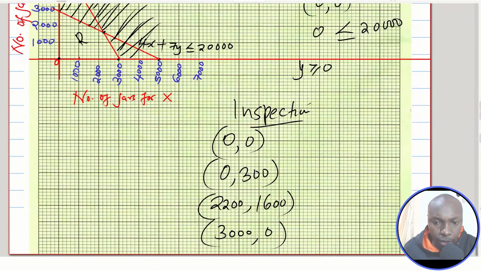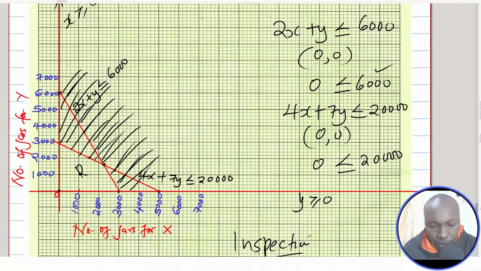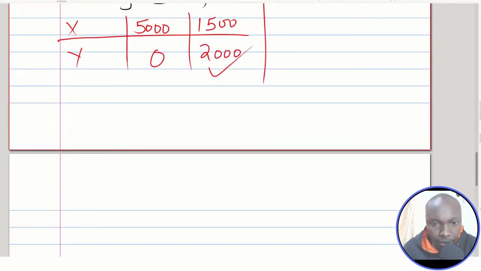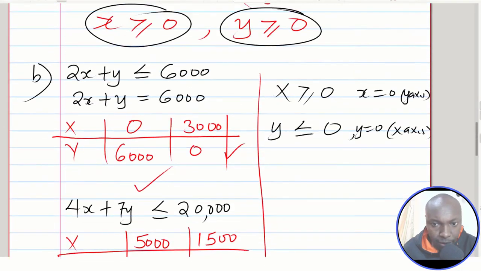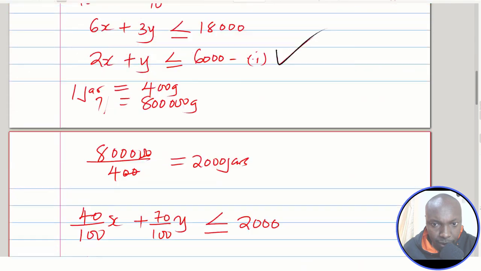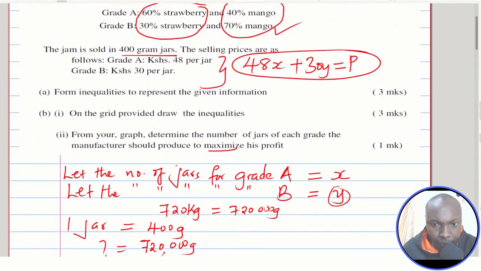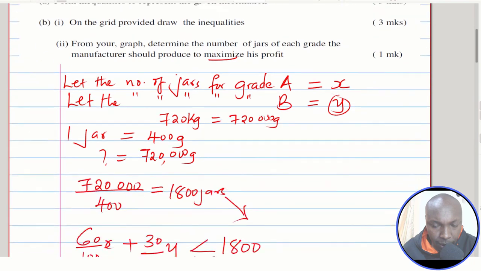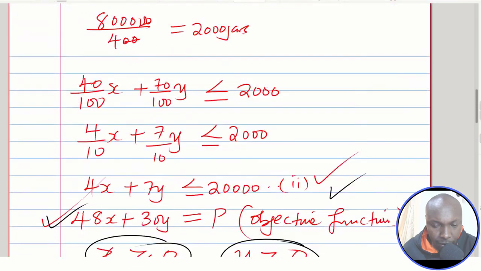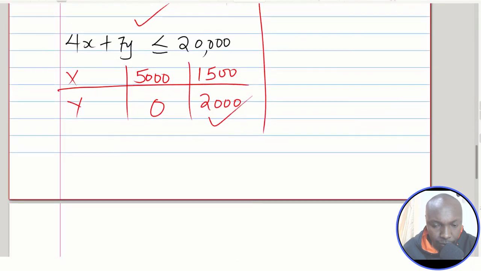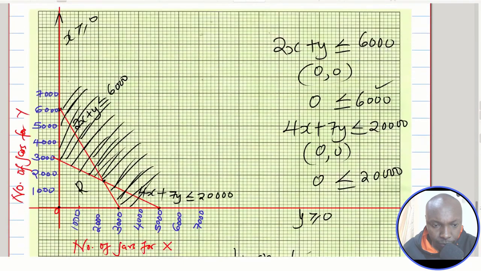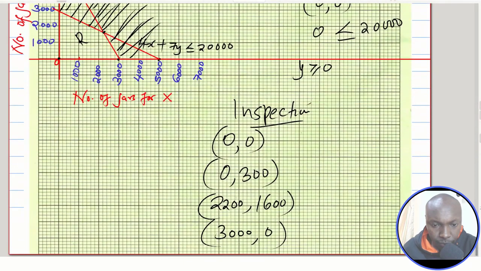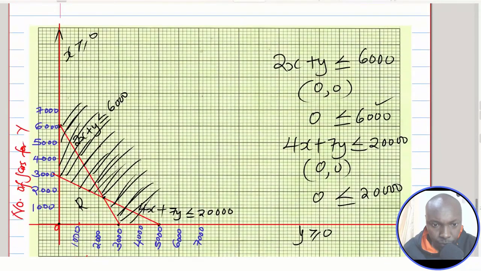Now what you need to do is to have the objective function and test all these points. The objective function is 48x plus 30y.